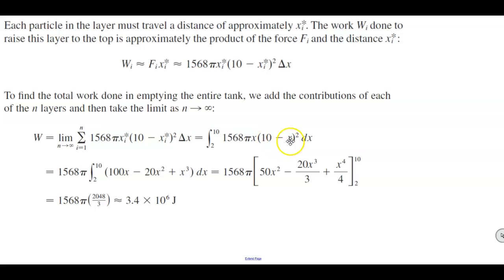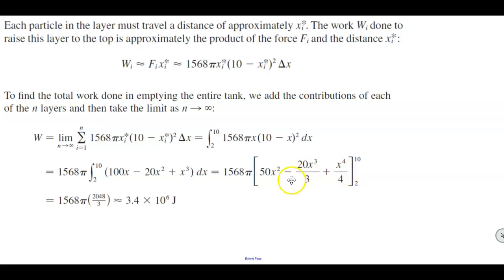So we're going to go ahead and expand 10 minus x squared and then factor out the constant, which is 1568 pi. So now we have 1568 pi times the integral from a lower limit of 2 to 10, and we've distributed the x and multiplied that out to get 100x minus 20x squared plus x cubed dx. And now we just need to take the antiderivative of all three terms.